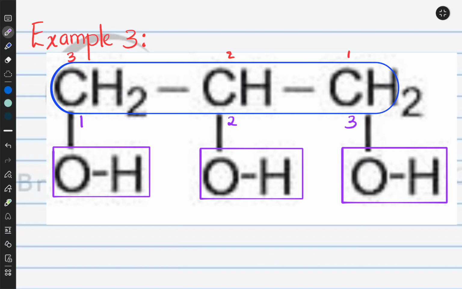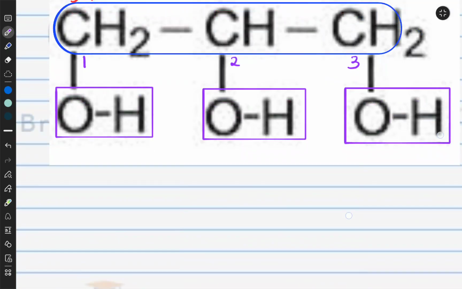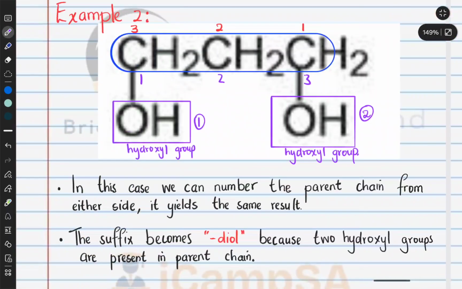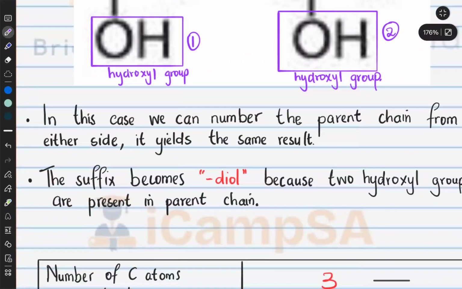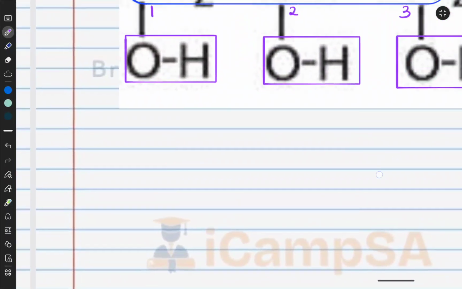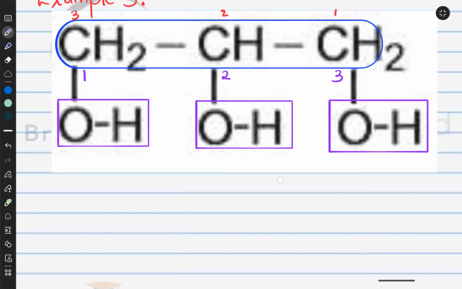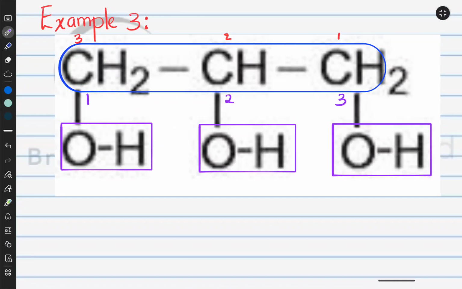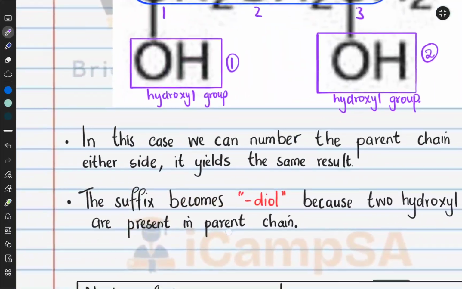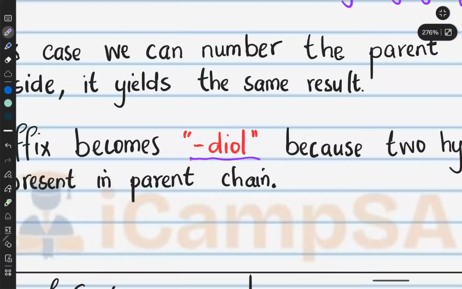So we can start with our process of how we name these alcohols. Okay, but first we must note that what happened here is almost the same as what's happening here. Now the only difference is here, since we have 3 hydroxyl groups, the suffix will change from ol to triol, or in this case we had 2, so it was a diol.